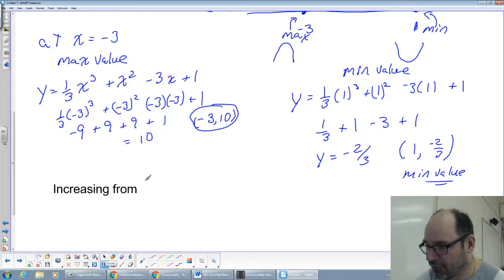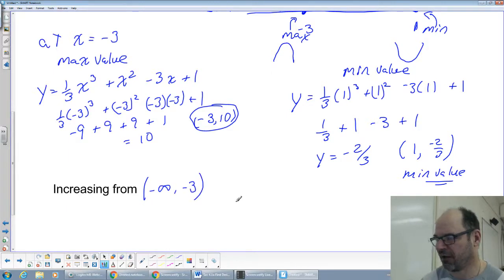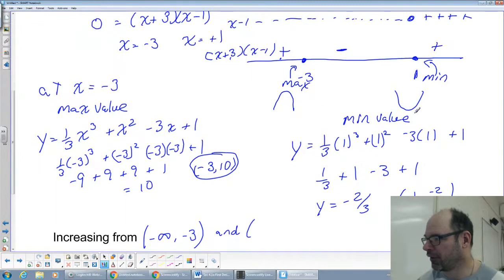In interval notation, it's increasing from -infinity to -3, and that doesn't include -3 because the derivative is 0 there. It also increases, if we look at the graph, from 1 to positive infinity.